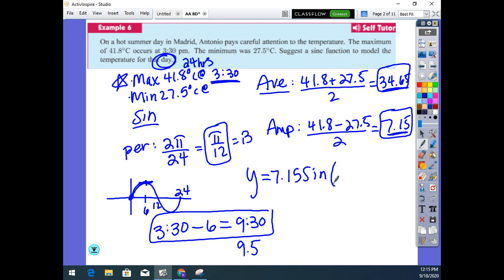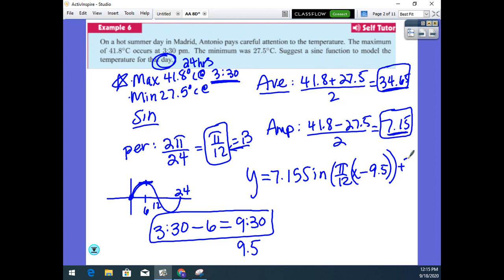Sine of b x, and I'm going to put the x minus our phase shift in the extra parentheses, plus our average temperature, which is the middle point. That's how far it gets shifted up. So this one's a little tougher, so you might want to re-watch it and see if you gain a few more pieces the second time through.